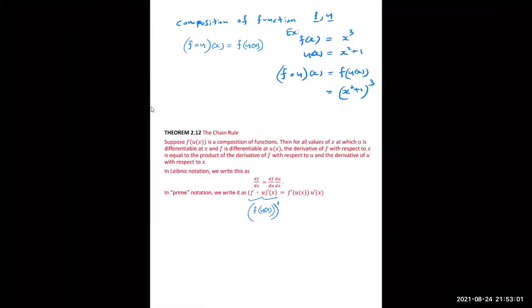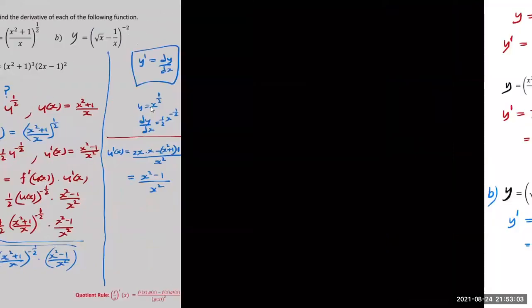Let me copy the product rule. To find the derivative, y prime, I'm going to view this as my f of x and this as my g of x. It's a product, so I can apply this product rule.